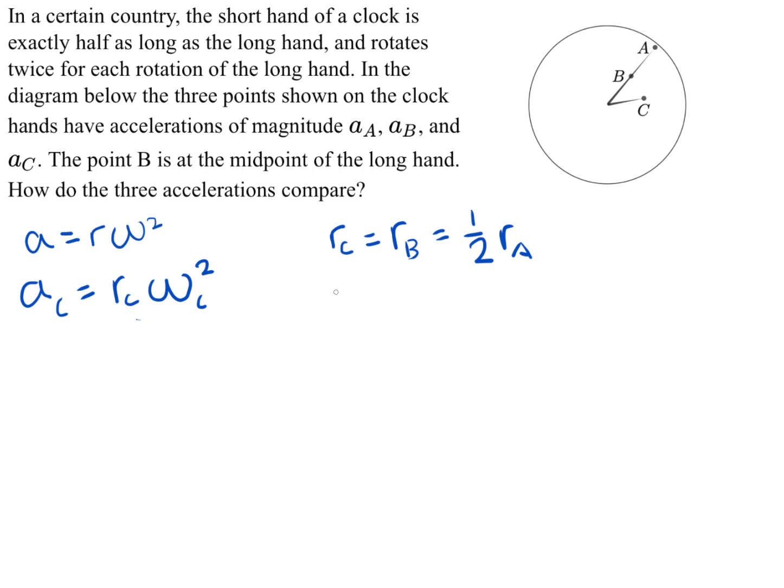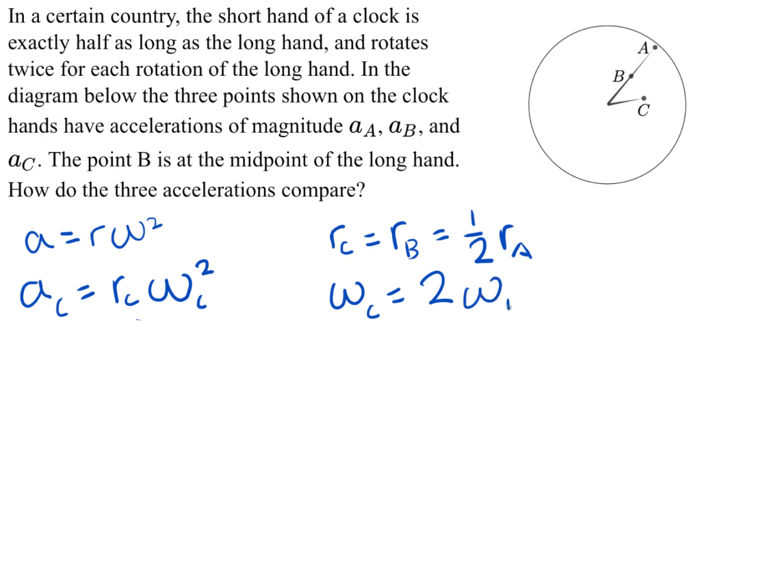And the angular velocity of C, it says angular velocity, not angular acceleration. This is angular velocity. So the angular velocity of C is going to be twice the angular velocity of every point on the longhand.